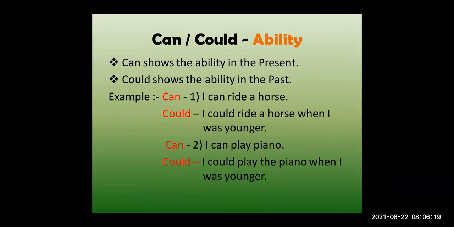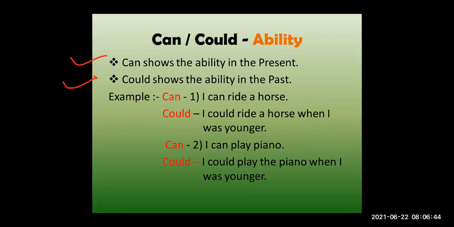Can shows the ability in the present, and could shows the ability in the past. Could is the past tense of can. These are the two points you have to remember.